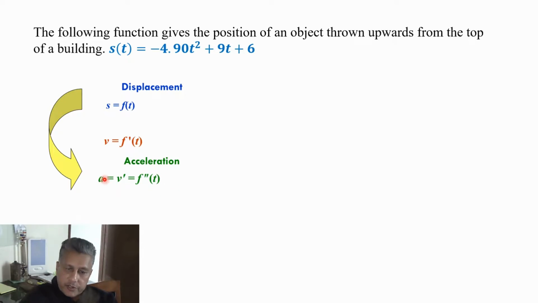Acceleration due to gravity. If we were doing integration, we could go backwards too, but we're not going to discuss that right now. Let's look at getting the equations for displacement, the equation for velocity, and the equation for acceleration.